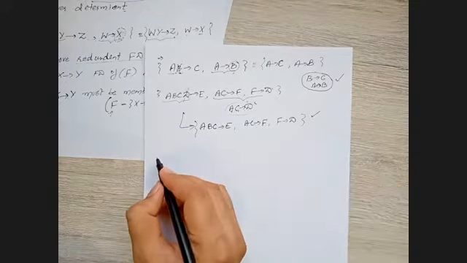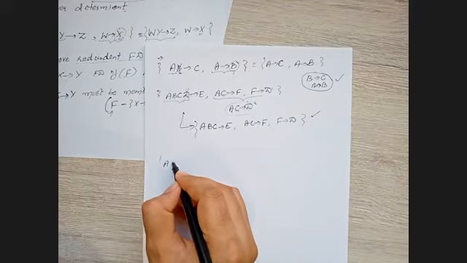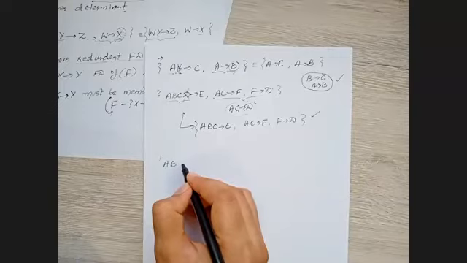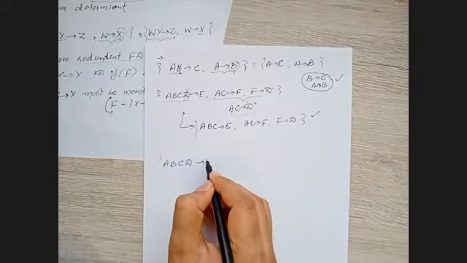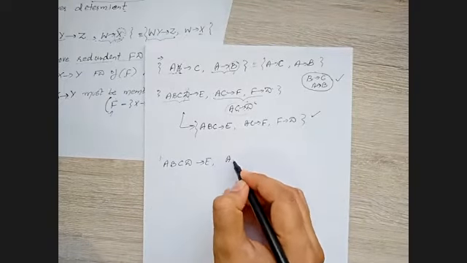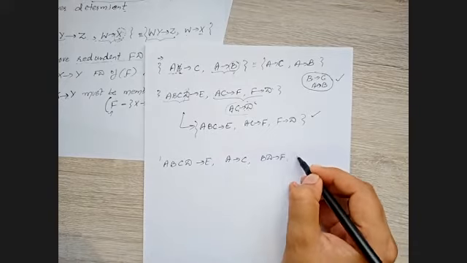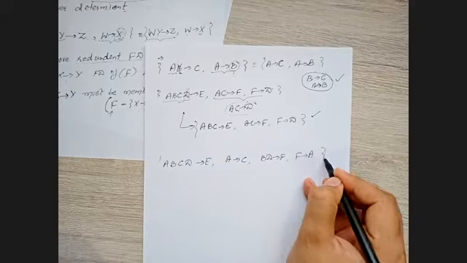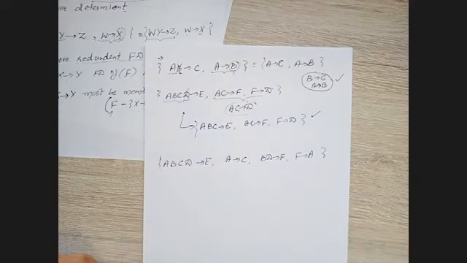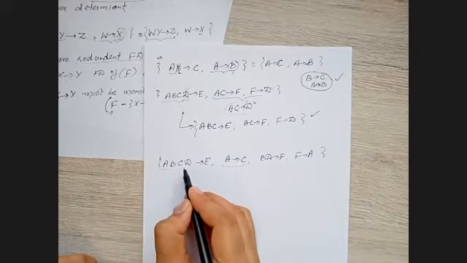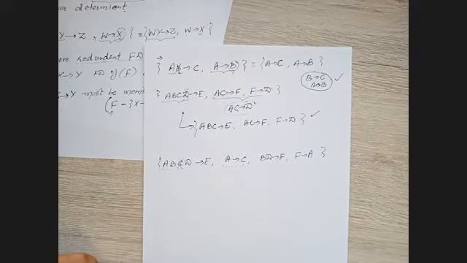Okay, let me give another example. ABCD determines E. A determines C. BD determines F. F determines A. Now see, from here, first see A determines C. So we can check here and see that C should not be there.